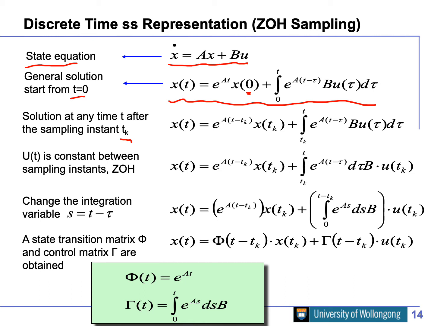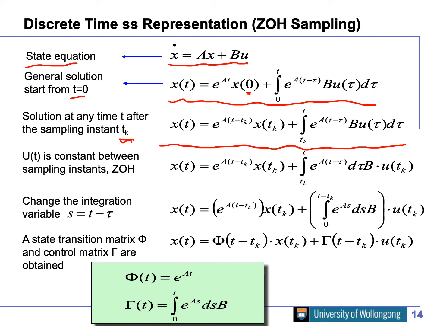So let's say tk is the last sampling, and we turn this equation into this one. We start not from 0, but from tk, the last sampling time, and this t is a little bit larger than tk. We don't make t very large. When t is only a little bit larger than tk, and the difference is smaller than the sampling time, we consider it just a little bit over the last sampling time.